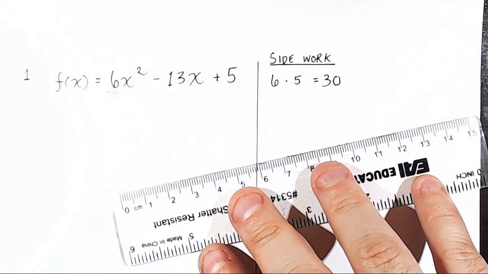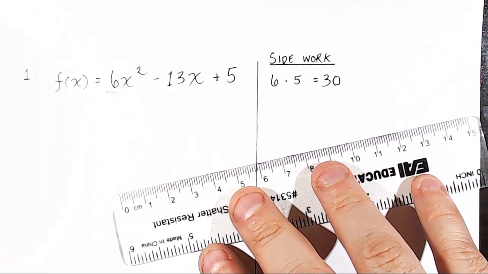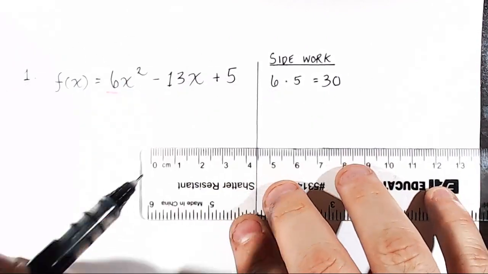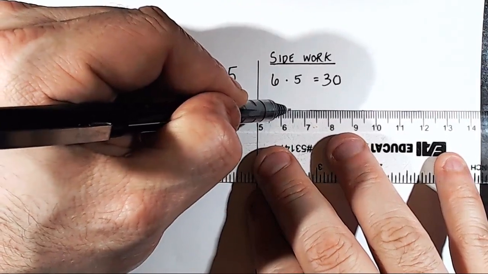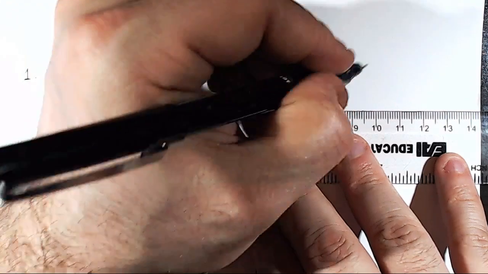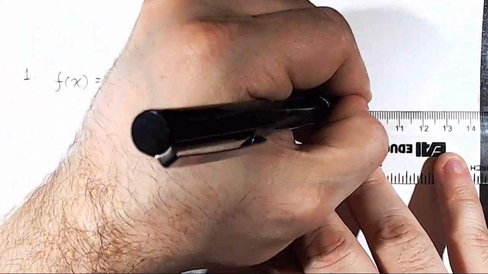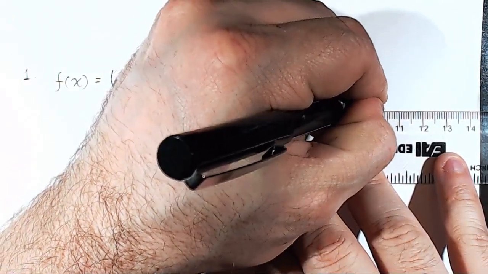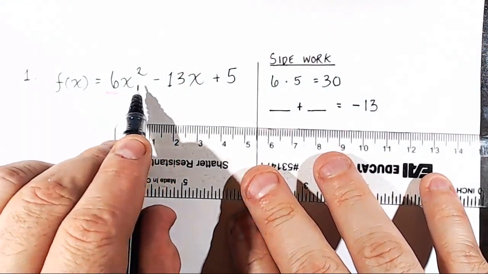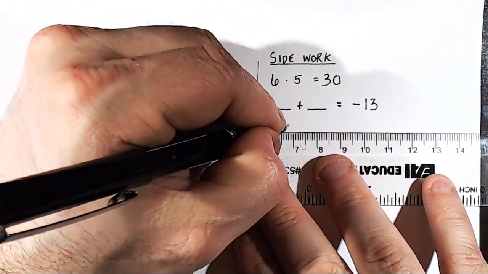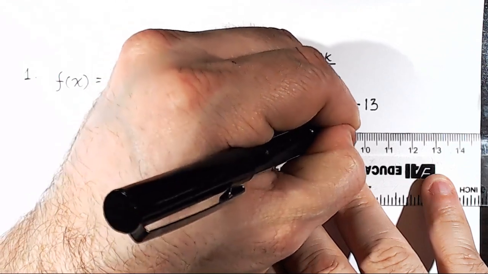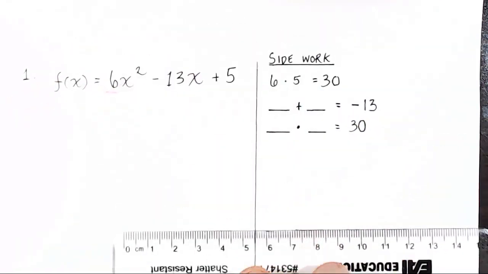Fair enough? What does that give us? Well, we need to think of two numbers that add to equal negative 13, and we're getting that from this term right here, and those two numbers need to multiply to equal positive 30.